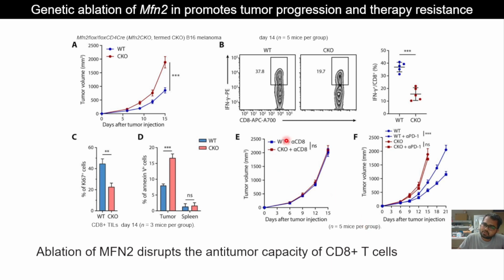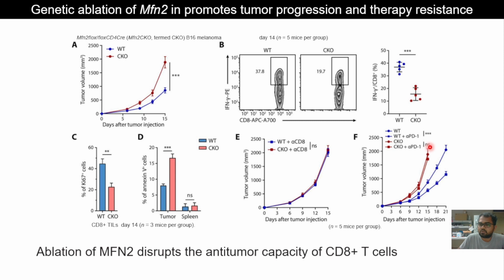Similarly, they also checked the effect of this MFN2 knockout on the anti-PD1 therapy. In wild type, when they gave anti-PD1, you can see the decrease in the tumor, so it is working fine.